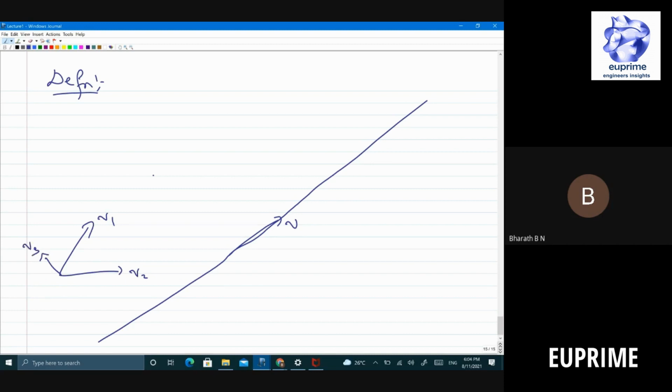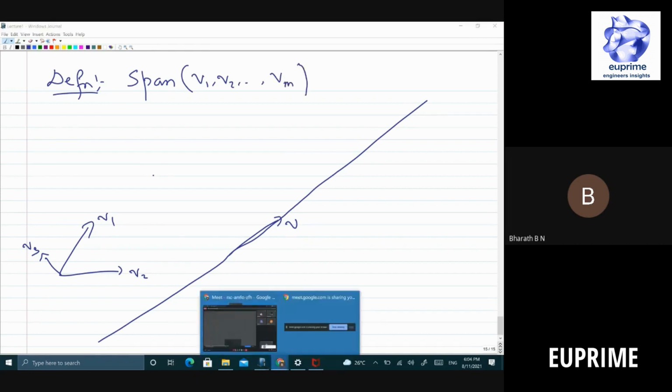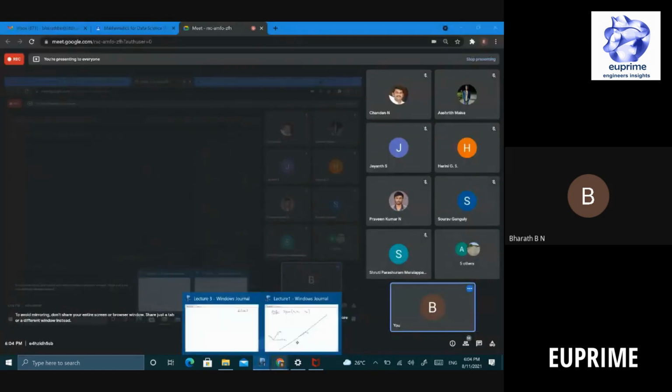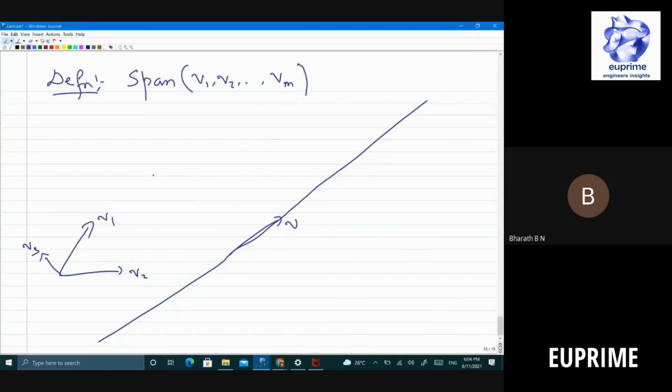So we define the span of some vectors V1, V2, etc., Vm. These vectors need not be linearly independent. Regardless of what kind of vectors you pick, span is defined.